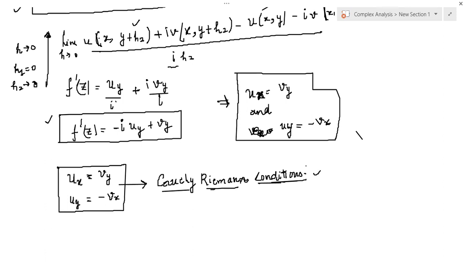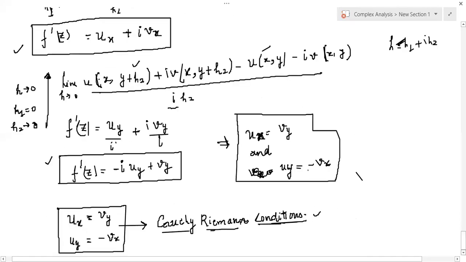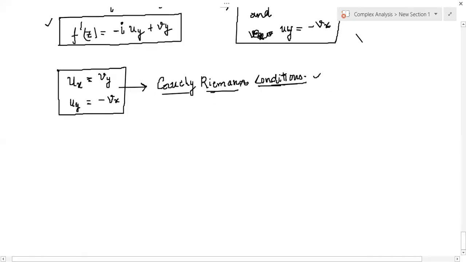Okay. Another way of writing the Cauchy Riemann conditions. There are a few more ways of writing them, I'll jot them down here. So this was the first way of writing the Cauchy Riemann conditions. That is, the partial derivative of u with respect to x must be equal to the partial derivative of v with respect to y.